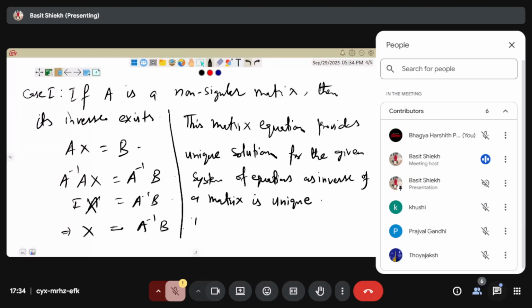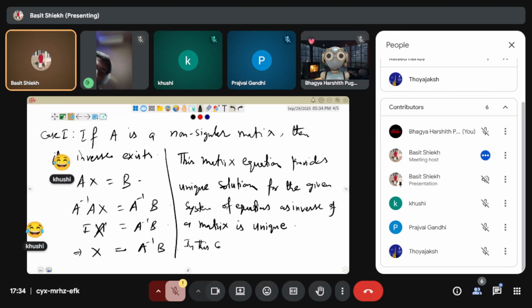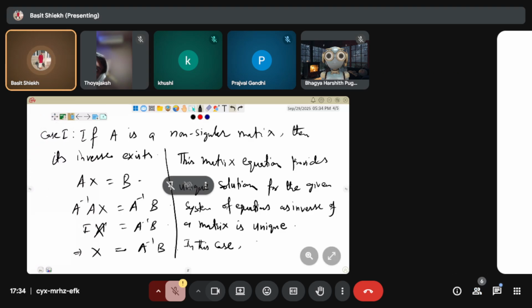In this case, the system of equations is consistent.